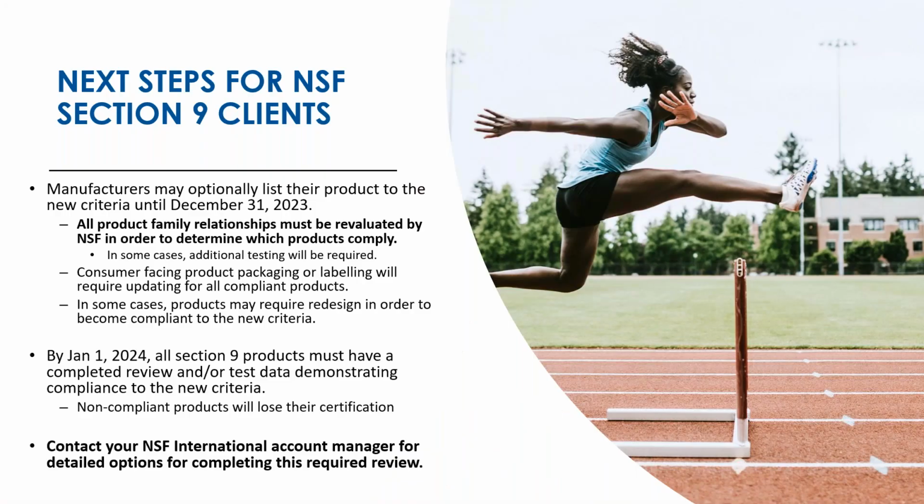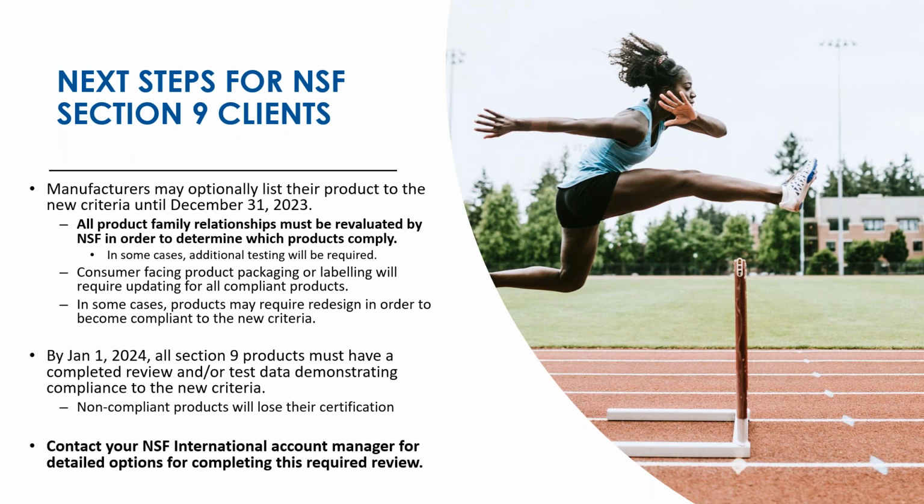So again, manufacturers may choose to optionally list their product to the new criteria until December 31st of 2023. But in order to do this, NSF will need to reevaluate all product family relationships in order to determine what products comply.